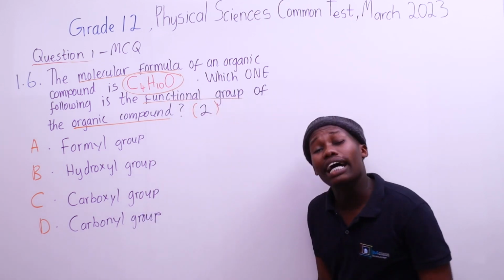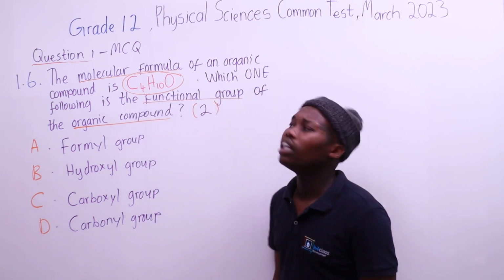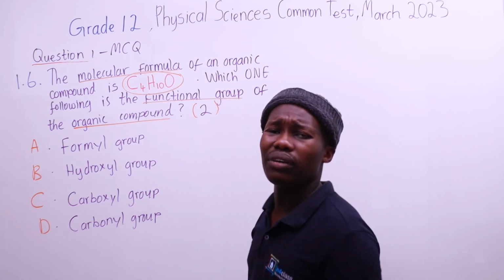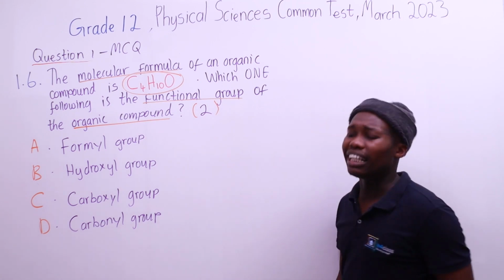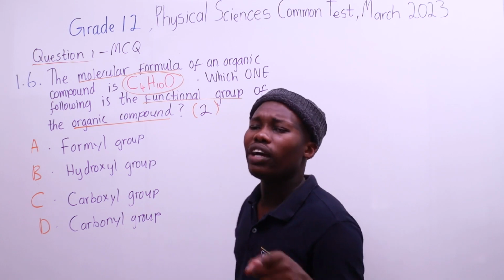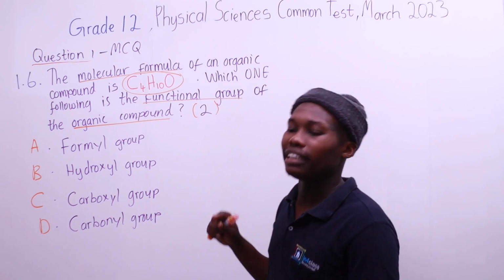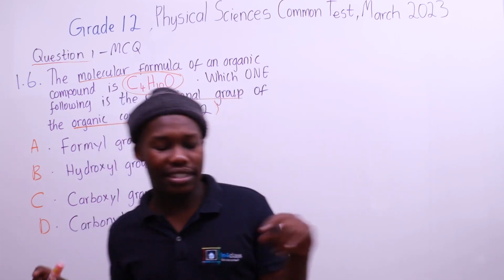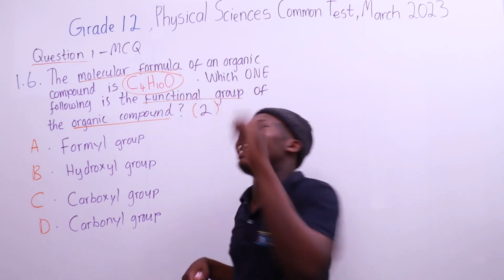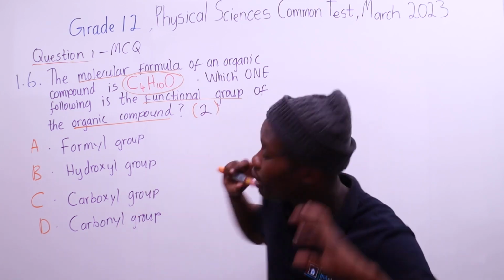We have haloalkanes, which consist of an alkane and a halogen. So therefore, it is not a haloalkane. We have ketones and aldehydes. Aldehyde has a carbonyl group, a double bond to O at the end, and ketones have a double bond between carbon atoms.